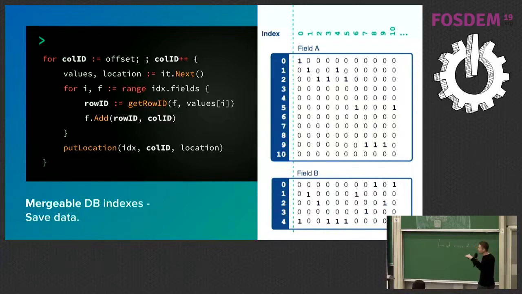So you go to the field which is mapped to your column and try to get the row ID for your value. If the value already exists, the getRowID function will return the row ID which already exists. If not, it will generate the next ID for you. After you get that, you set the bit in the field, and you put the location in your mapping. This is how you save data, and then you have some ones in your matrix.